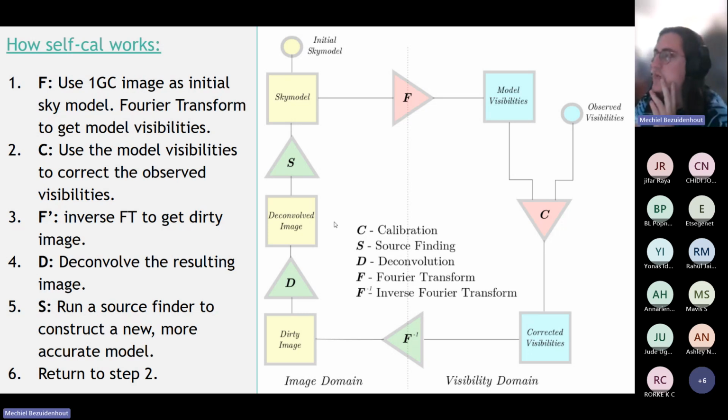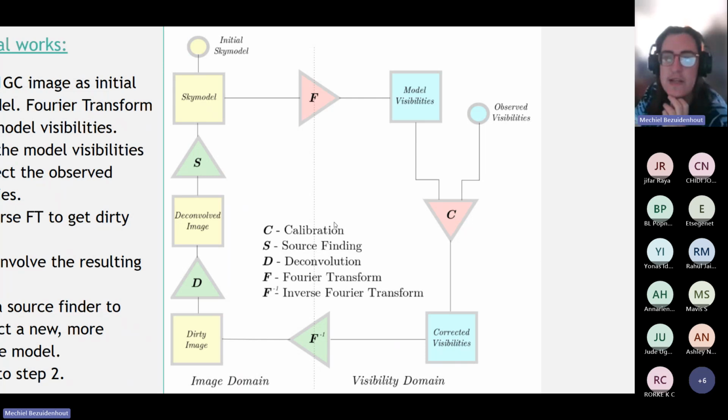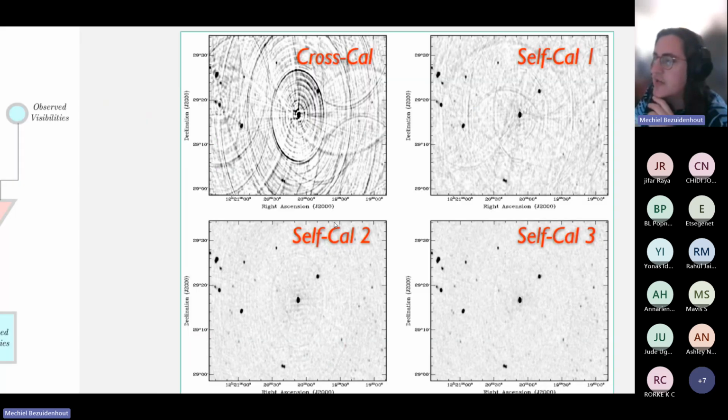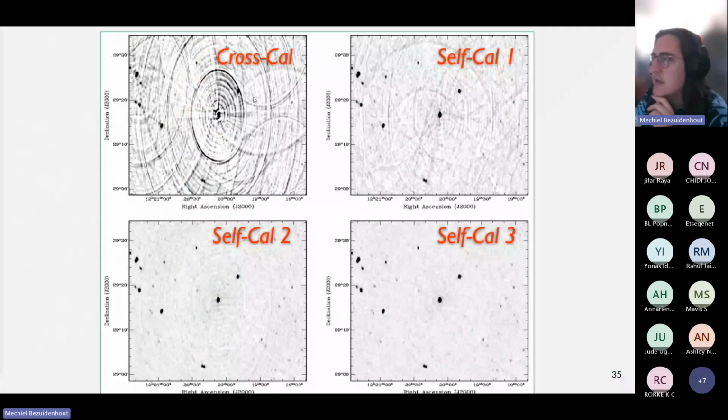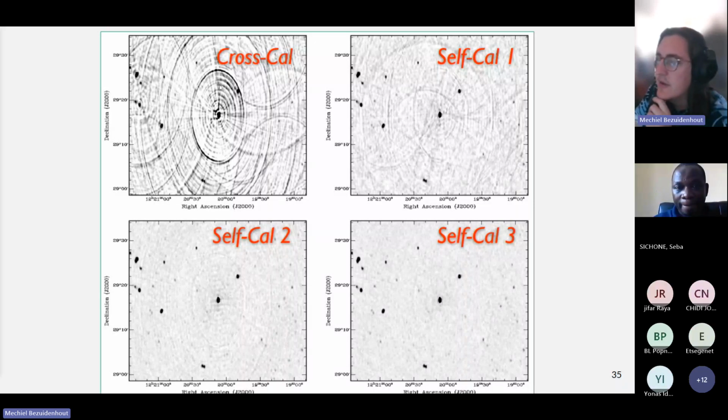So here's an example of an image that you get using cross calibration, and you can see in this one there are these circular artifacts present in the image, and that's a typical signature of errors that are arising as a result of imperfect calibration.